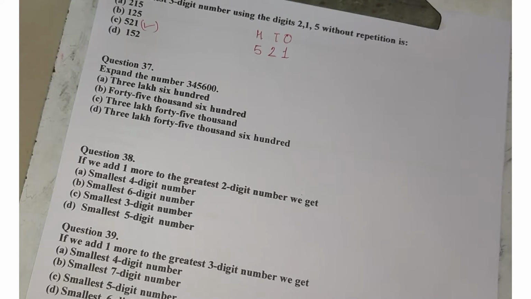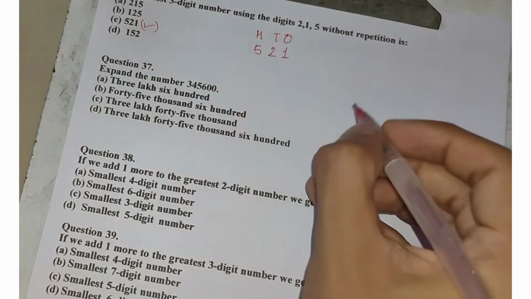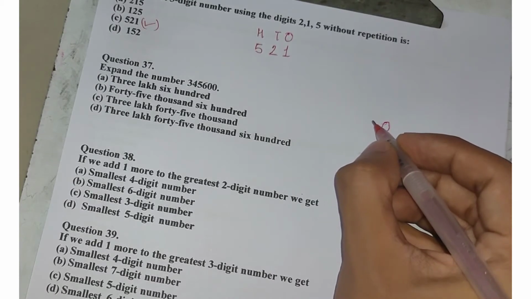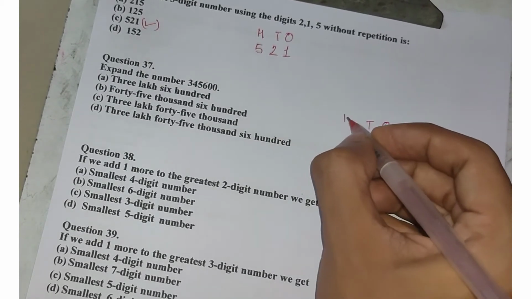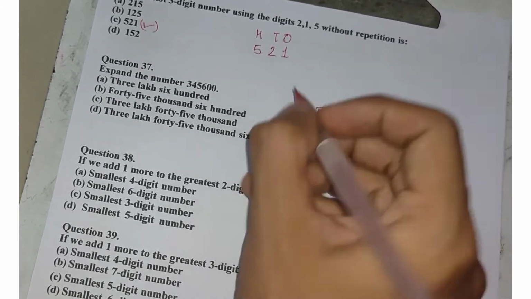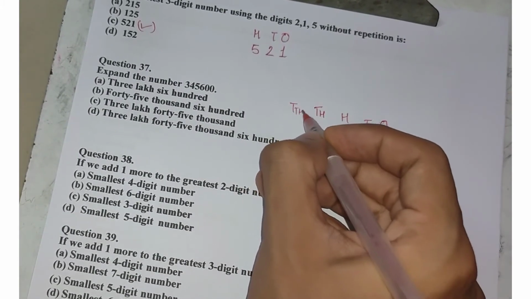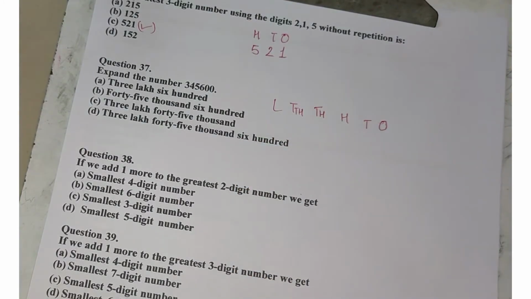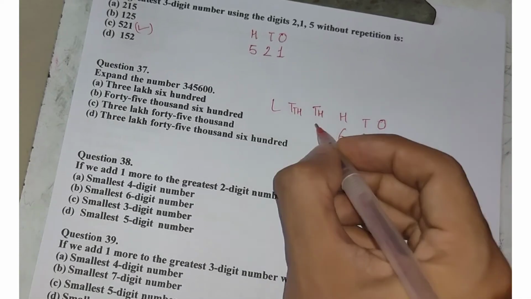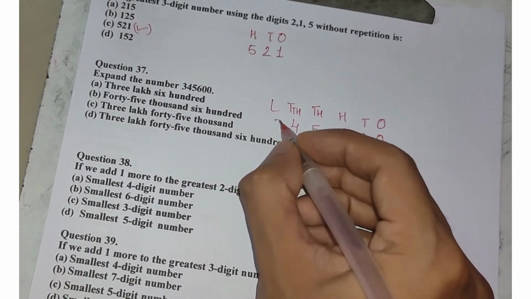See, 3, 4, 5, 6, 0, 0. Let us arrange the digits into the place value system. 6 digits are there. So ones, tens, 100, 1000, 10,000 and lakhs. Now arranging the numbers from the back side: 0, 0, 6, 5, 4 and 3.